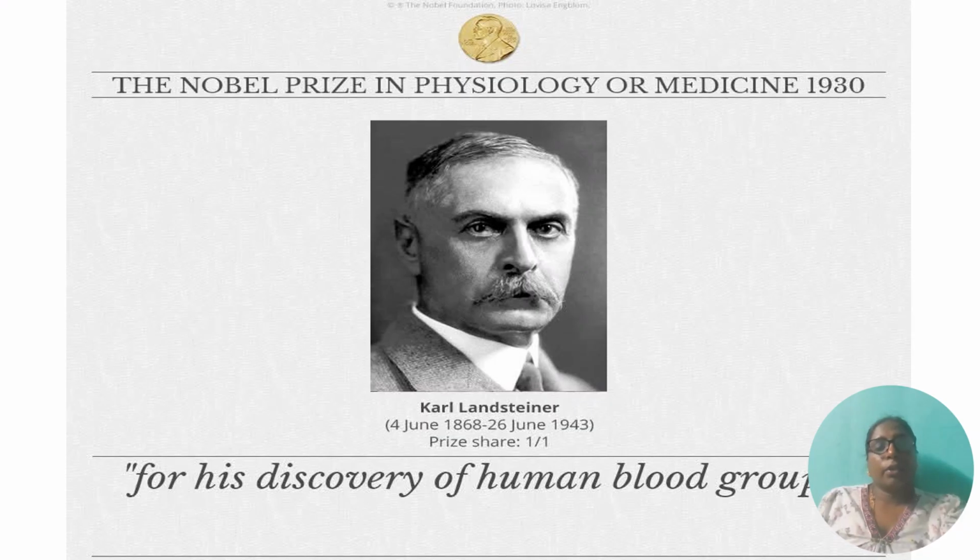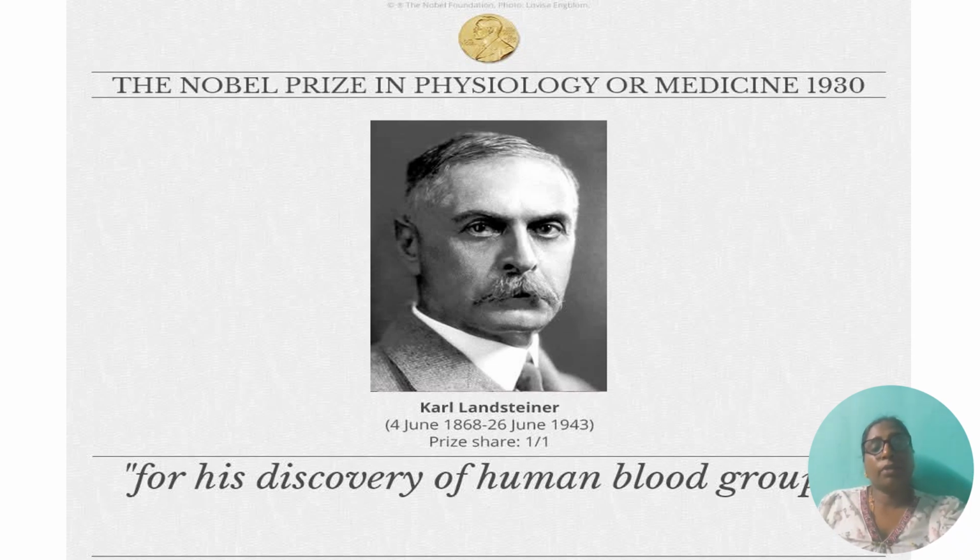This slide introduces Karl Landsteiner, who is known as the father of blood grouping. In 1901, Landsteiner discovered the ABO blood group system by observing that mixing blood from different individuals sometimes resulted in clumping. This is known as agglutination, and this discovery revolutionized blood transfusion practices by making transfusion much safer.